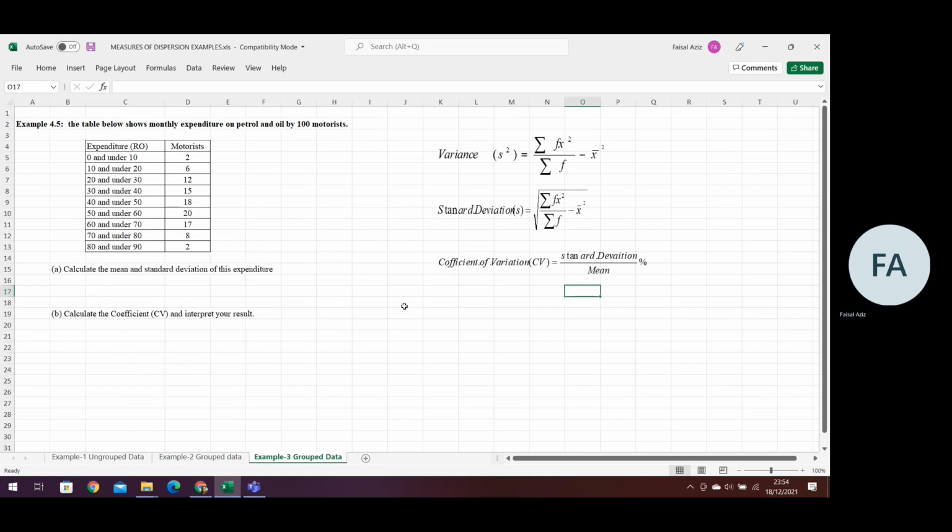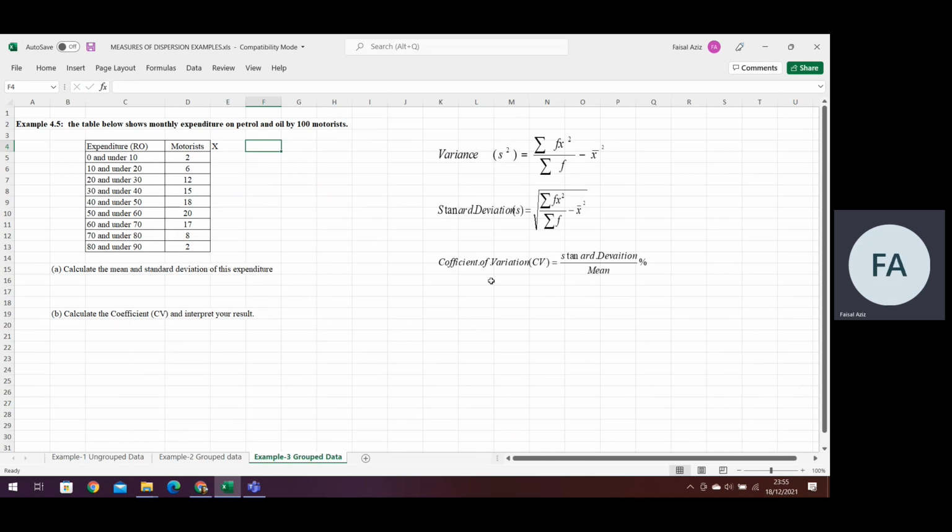If you look at this question, we have monthly expenditures on petrol and oil by 100 motorists. So these are the classes. We have this frequency. Here you can calculate the midpoint. Then you can calculate f into x. These are the variables you will have to calculate. First you will have to calculate x, which is the midpoint.